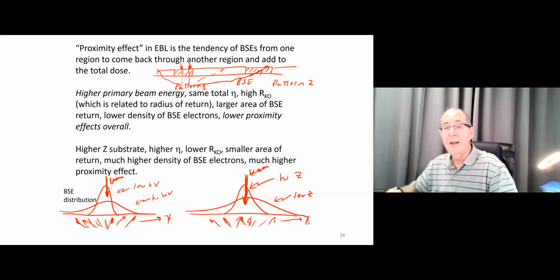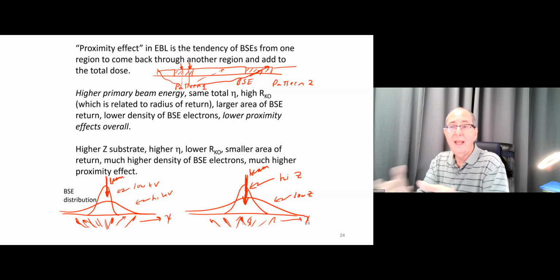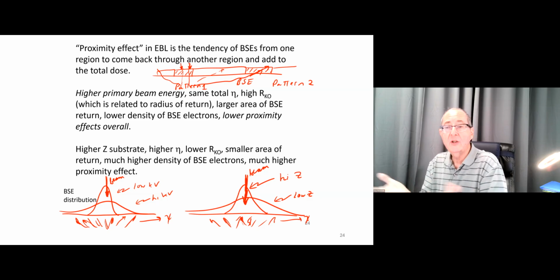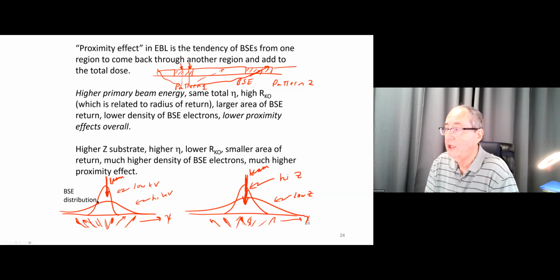What that means is that you'll give some background dose if your pattern is small, but it won't be lumped up in any particular area. It'll just raise the background distribution, so that lowers the amount of dose that you would need to expose those regions.